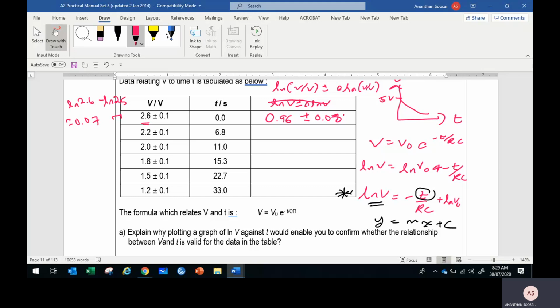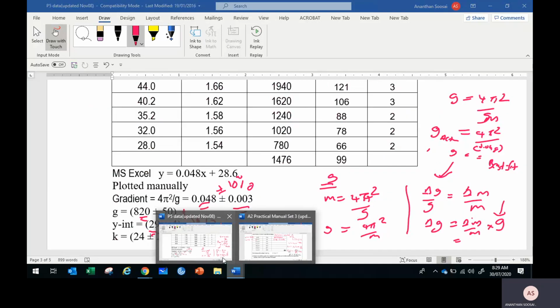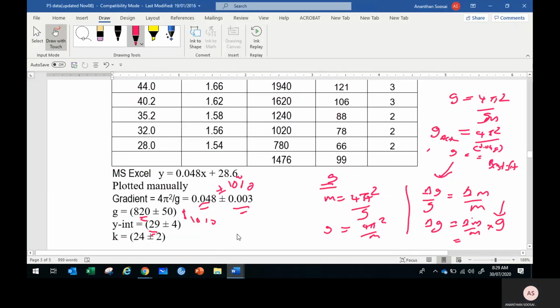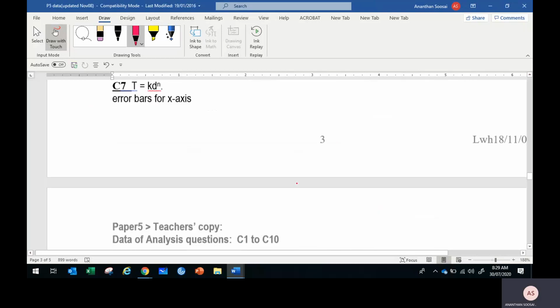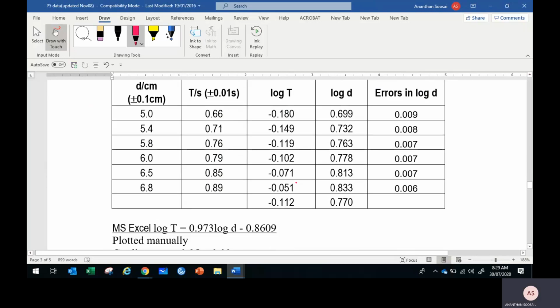So now, can you get the entire data? Try to work out first.